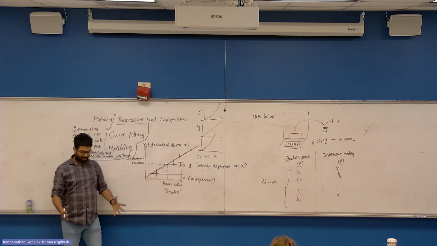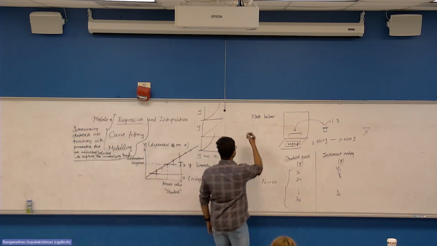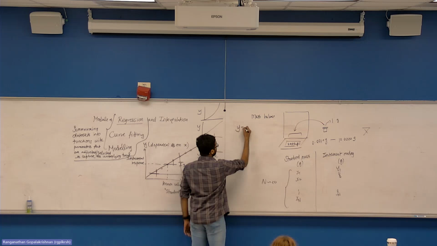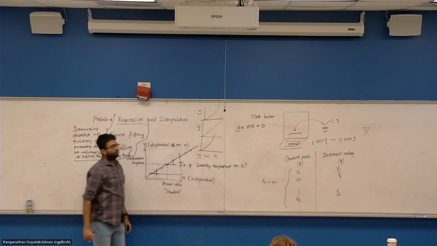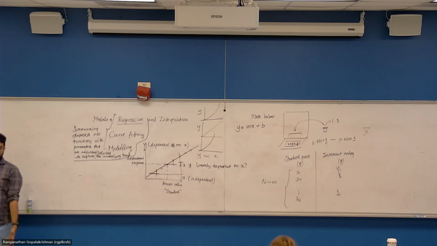Okay, so if it is roughly linear, then you would think an equation y equals mx plus b would describe your data. Right? That's what a linear data set means.